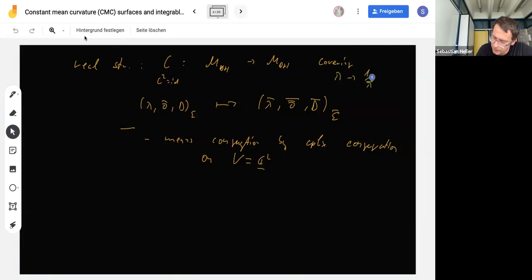Because the lambda bar connection on sigma bar corresponds to a 1 over lambda bar connection on sigma. So the map which we have just defined is covering, if we think of CP1 as the unit 2-sphere, the reflection across the unit circle.